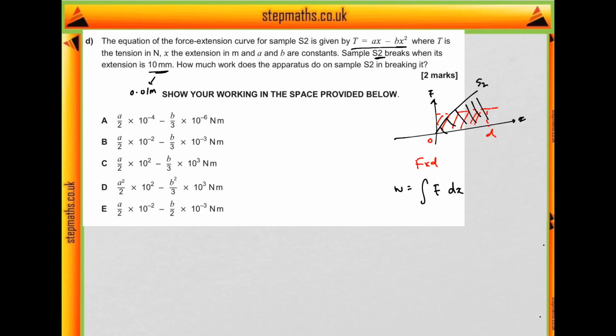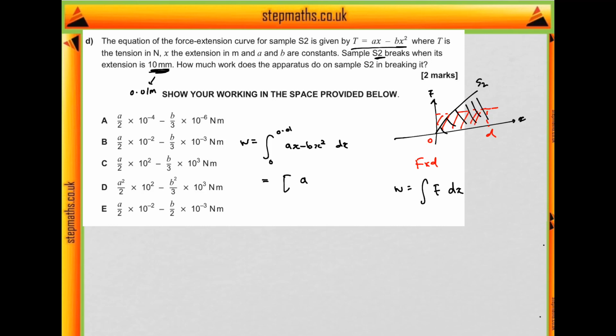So let's go ahead and do that. We want the work done. We're integrating from the initial position, which is 0, to the final position, which is 0.01 meters. And we're integrating the force, which is ax minus bx squared, with respect to x. Let's integrate that.